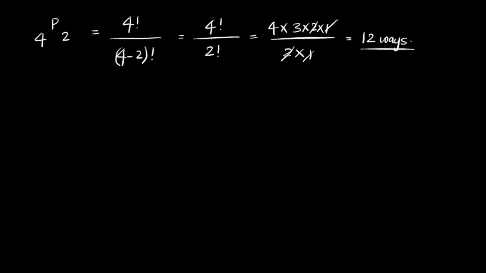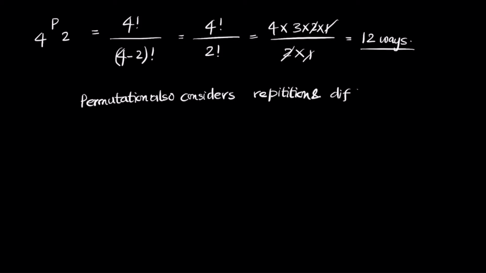So a permutation also considers different order. Remember that when we take two things, we are taking them in different ways. So permutation also considers order.